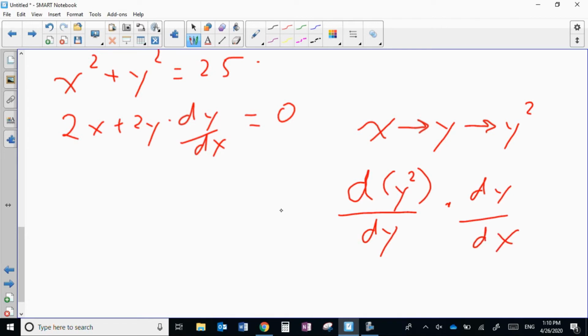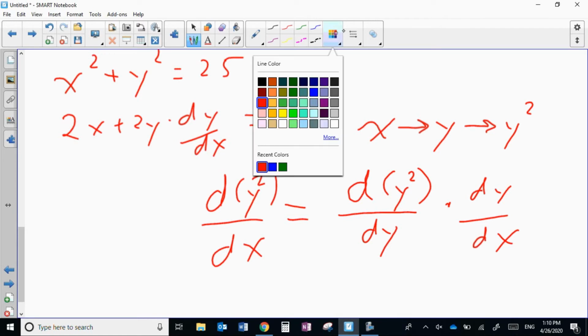What does that give me? That gives me the derivative of y squared with respect to x. So there we have this chain that works. dy squared by dx is dy squared by dy, and there's your 2y, times dy by dx.